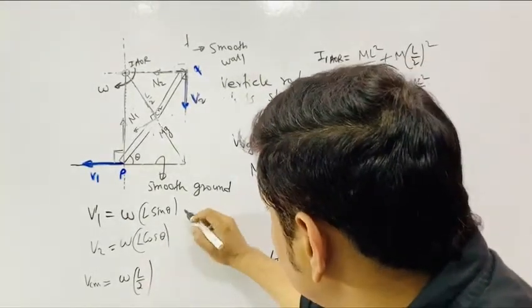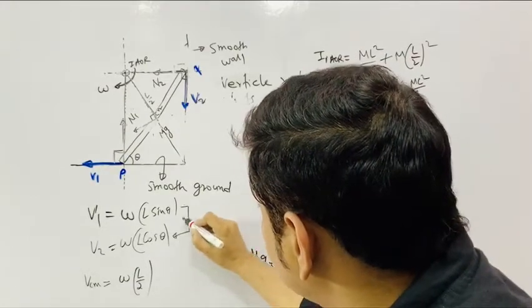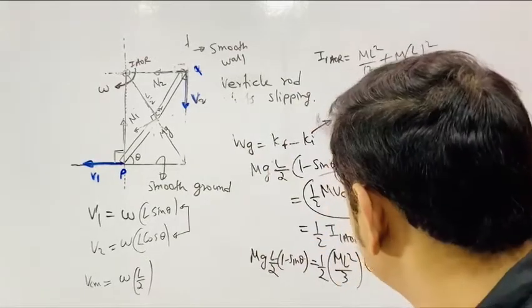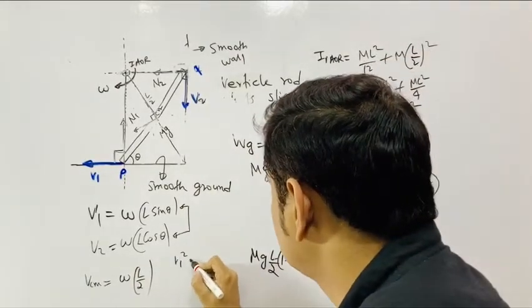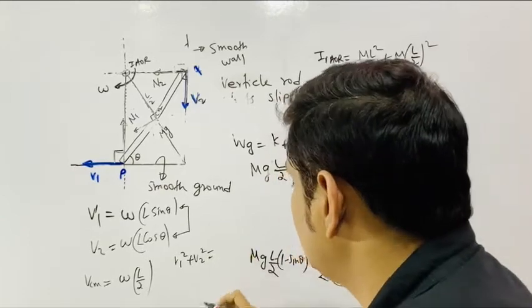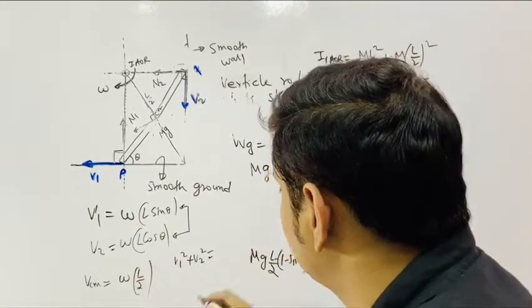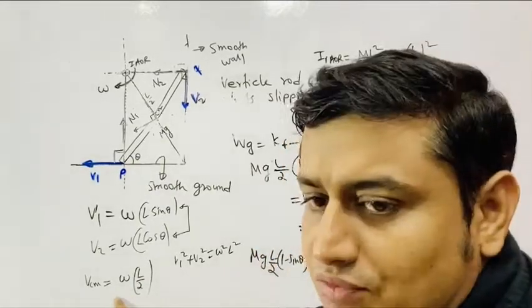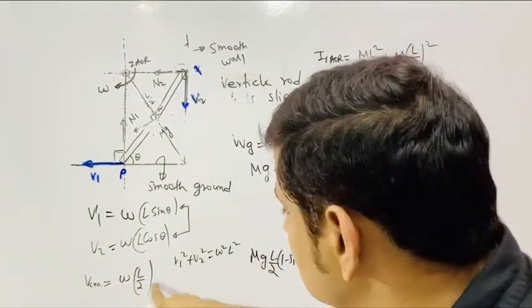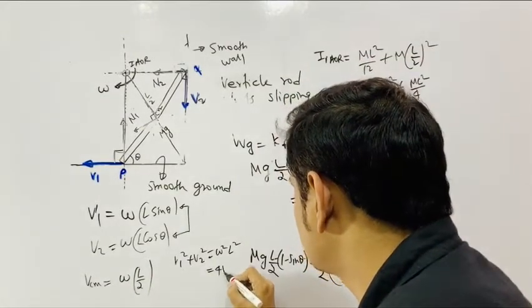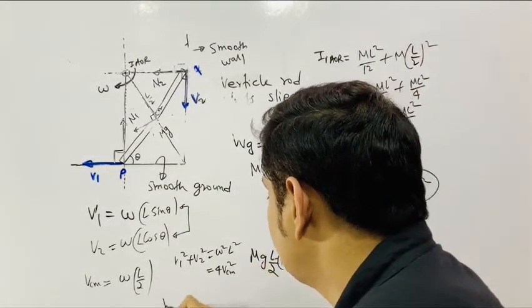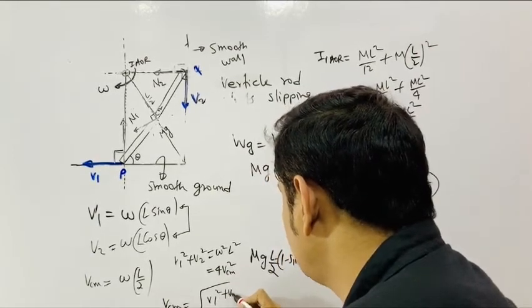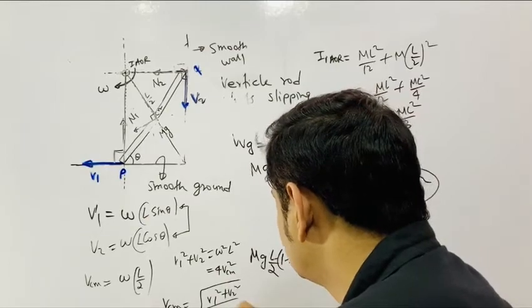So V1 square plus V2 square is equal to omega square L square. But what is omega square L square from the third equation? It is 4 VCM square. That means VCM is equal to under root of V1 square plus V2 square, by 2.